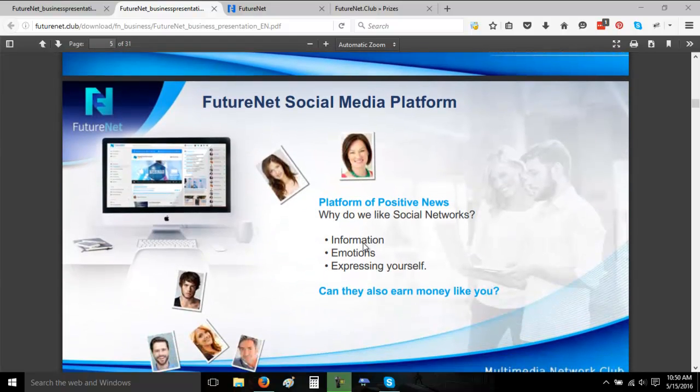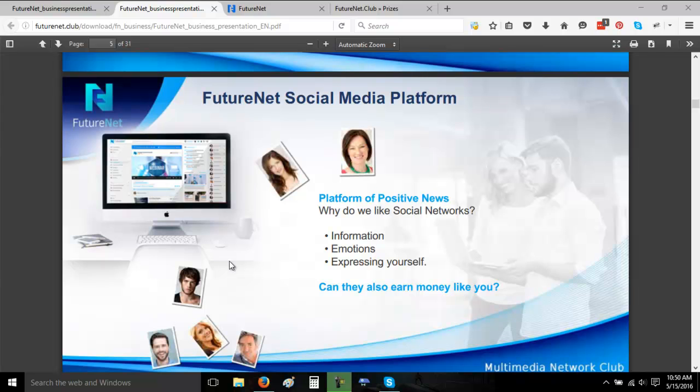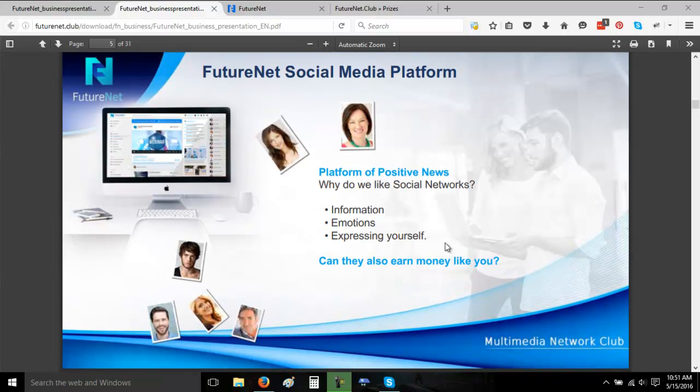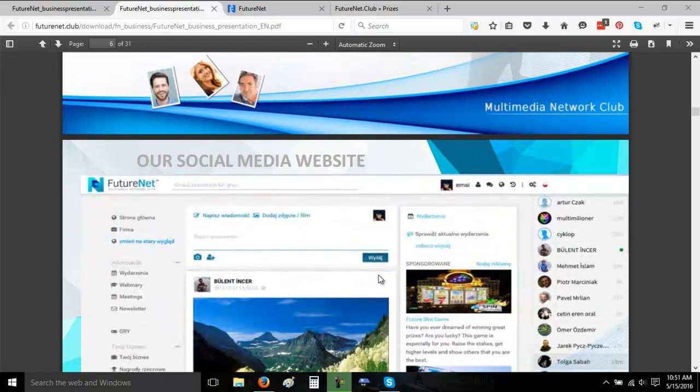And it is, of course, a social media platform, an actual social network site, something similar to Facebook as far as how it's all set up. You can do things like send messages, click on the like button, like I said, send pictures and so forth.